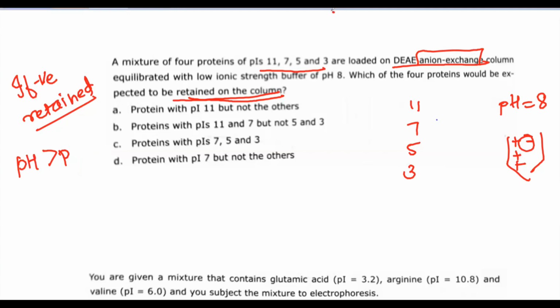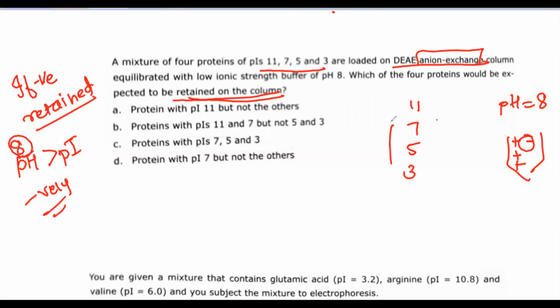When a particular protein is negatively charged, oh no, sorry, I recorded too much, I guess. Sorry. So this is correct that pH should be greater than pI to be negatively charged. Right. So now you have to see which of the pI is less than 8.